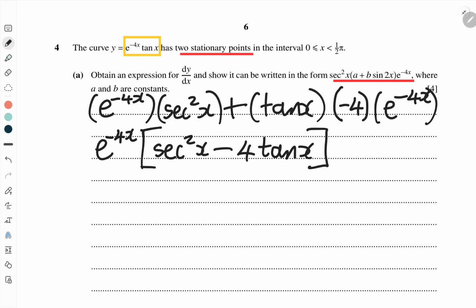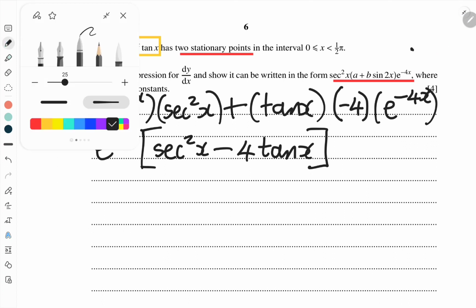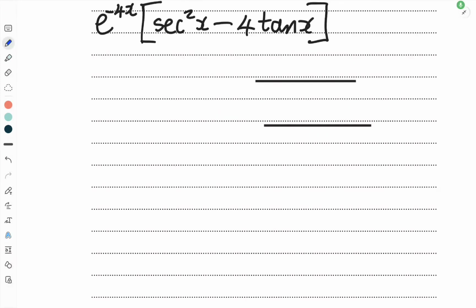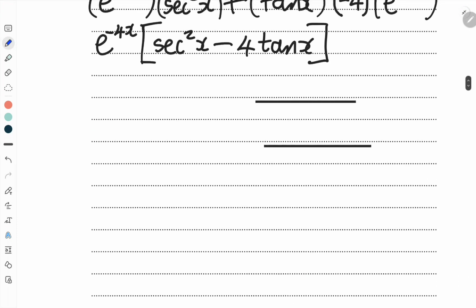Right, that's the first part, and it hasn't yet shown what you are looking for. Okay, now if we also watch closely at what we are trying to show, there is a sec squared x that is being factored out. We're supposed to divide by sec squared x. So let us divide. We are going to end up with e to the negative 4x on the outside.